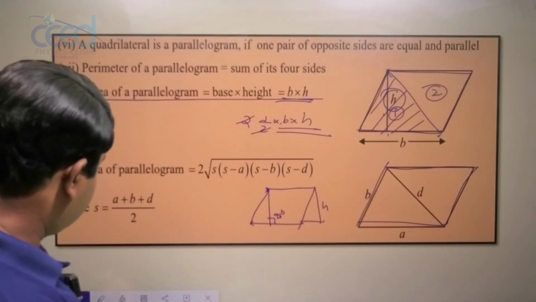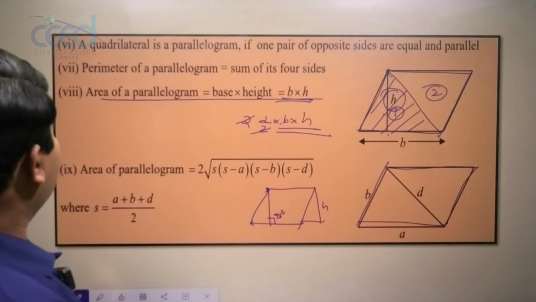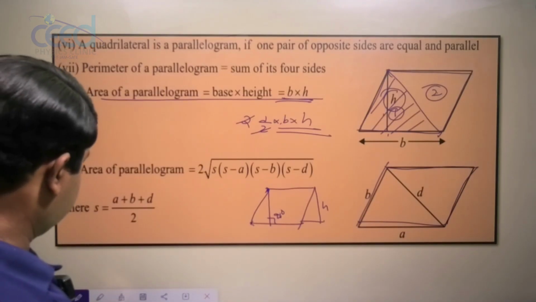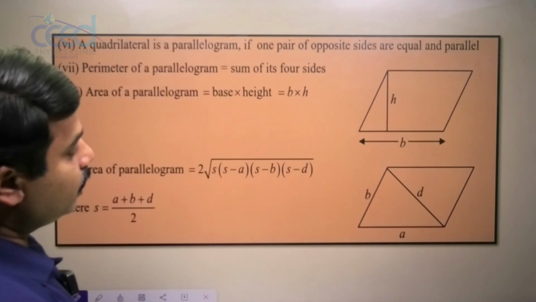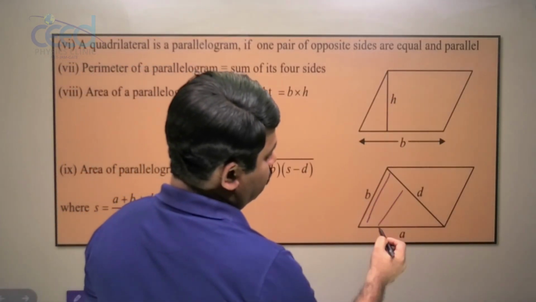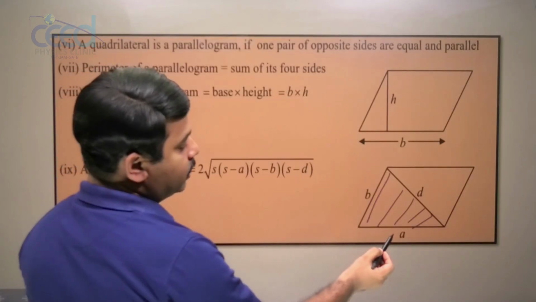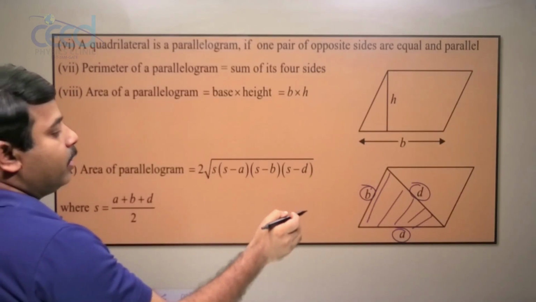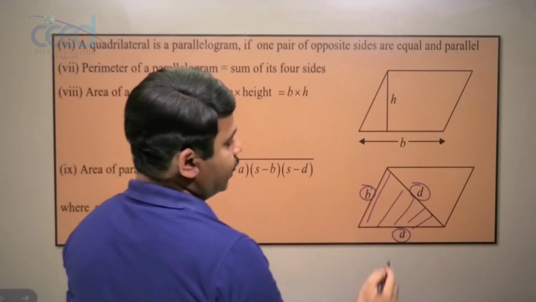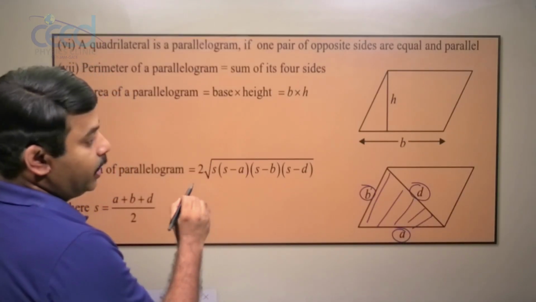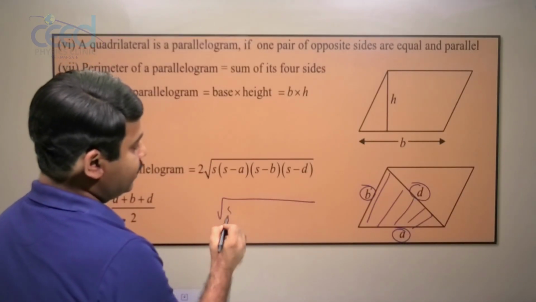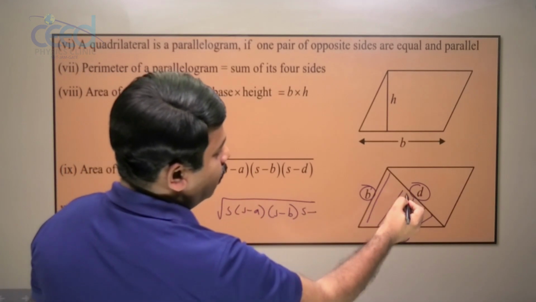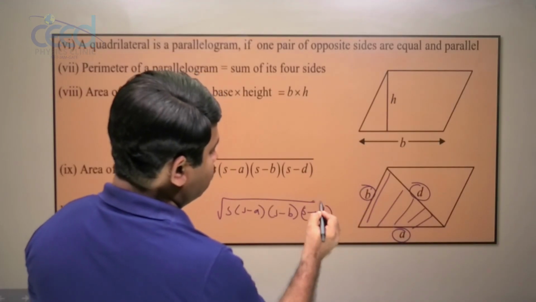Now the area of the parallelogram using side lengths. Look here, consider this triangle. This side is A, this side is B, and the diagonal length is D. A triangle with three different sides, what have we studied? The triangle area is the square root of S into S minus A into S minus B into S minus D. What is S?